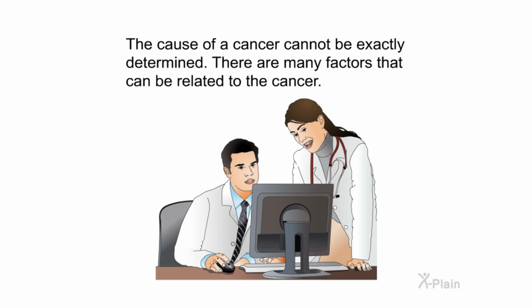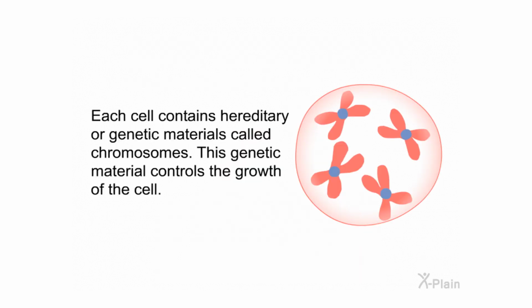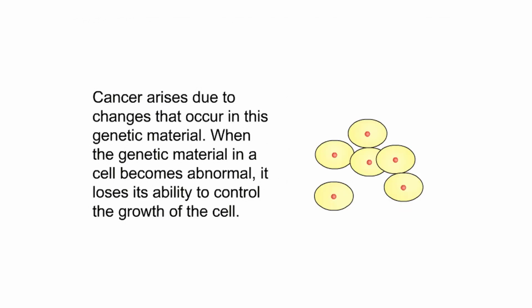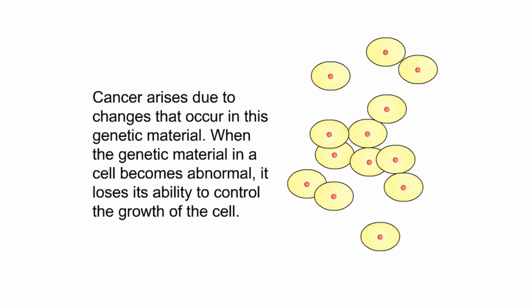The cause of a cancer cannot be exactly determined. There are many factors that can be related to the cancer. Each cell contains hereditary or genetic materials called chromosomes. This genetic material controls the growth of the cell. Cancer arises due to changes that occur in this genetic material.